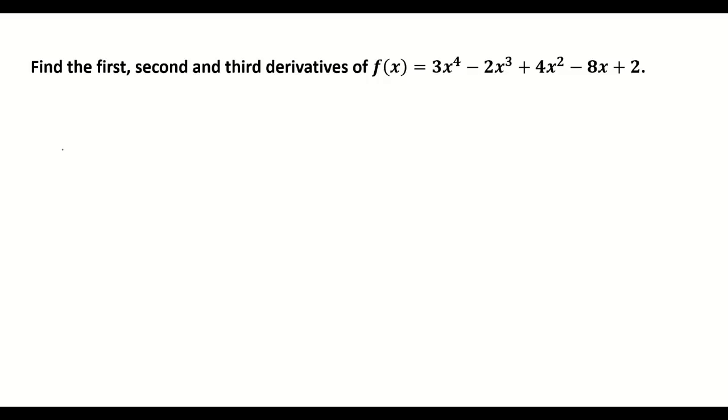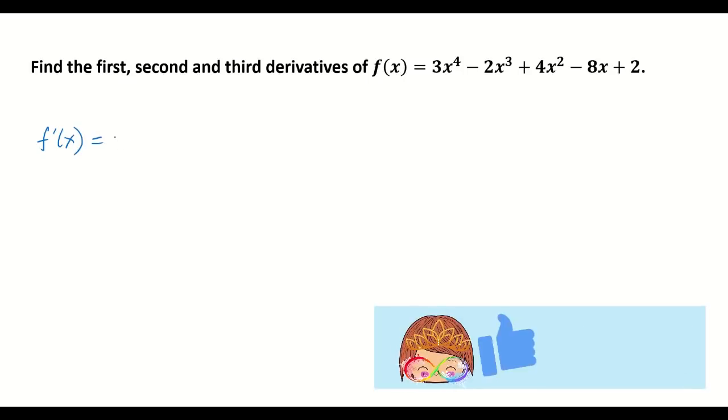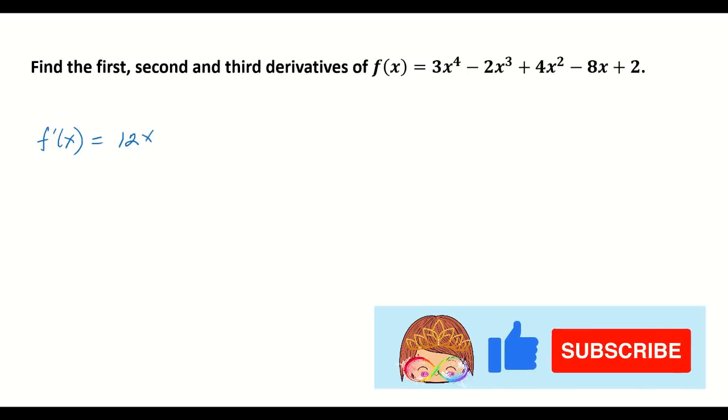In this example, we would like to get the first, second, and third derivatives of the given function. Applying the basic differentiation rules, our first derivative would be 12x cubed minus 6x squared plus 8x minus 8.